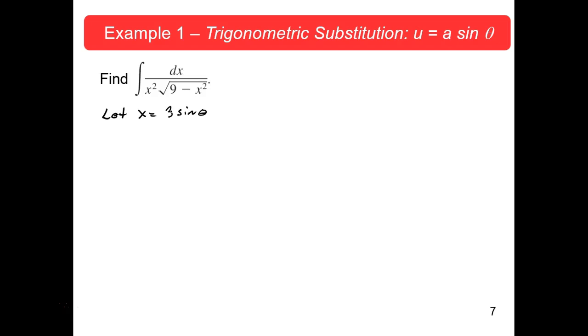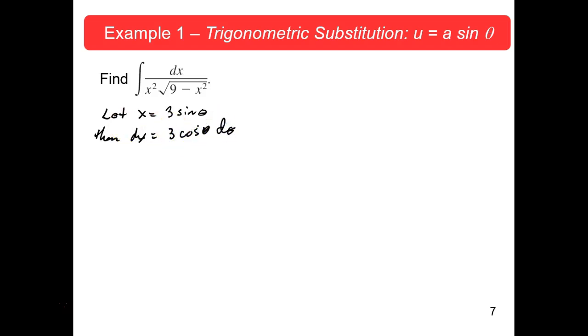Now, I'm going to go 2 different directions with this, and I'm going to draw a picture at the same time. One thing we've got to do is figure out what dx is. Okay, so what's dx? Okay, derivative of sine is positive cosine. 3 cosine theta.